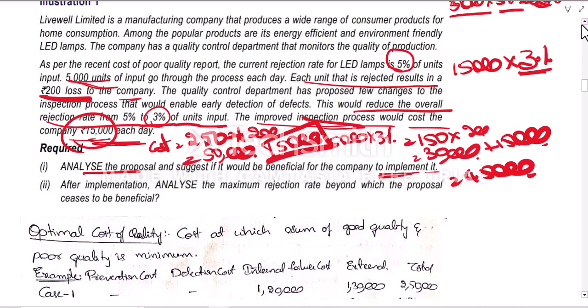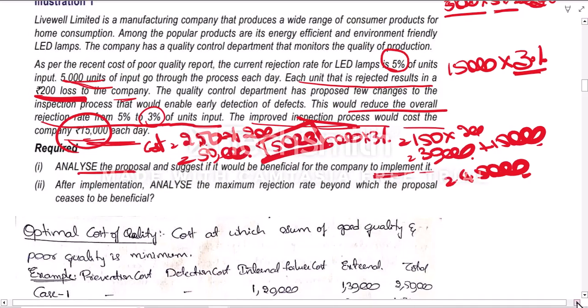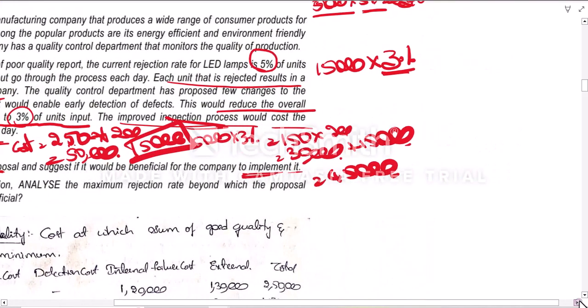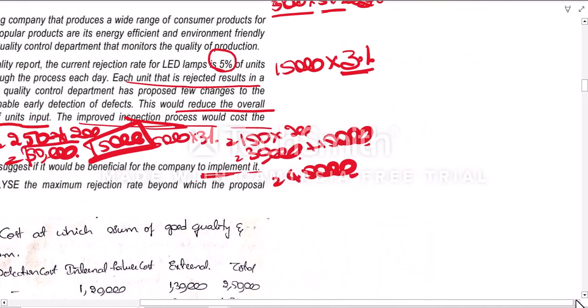So we need to find the maximum rejection rate. Currently it is 50,000. Beyond 50,000, anyway we are not going to spend on quality improvement. So maximum 50,000.